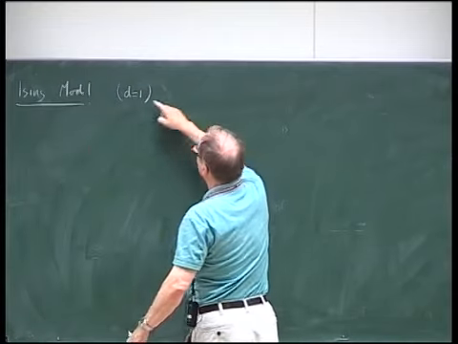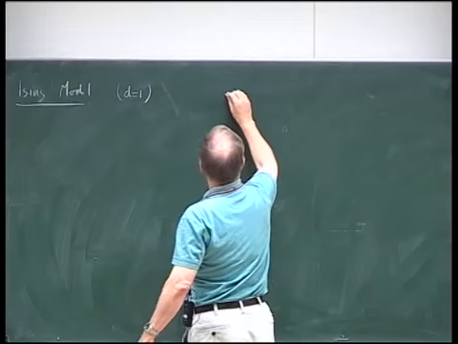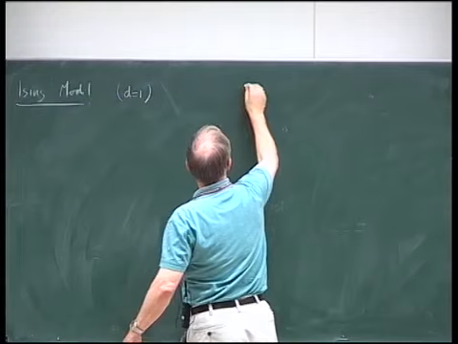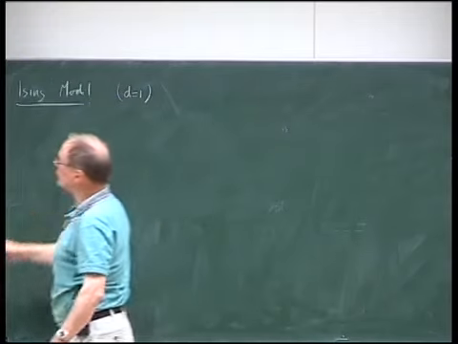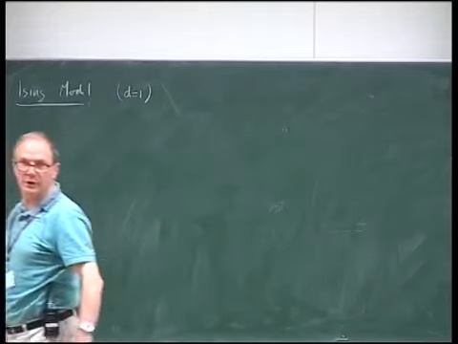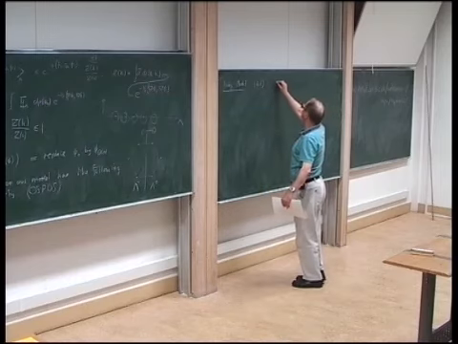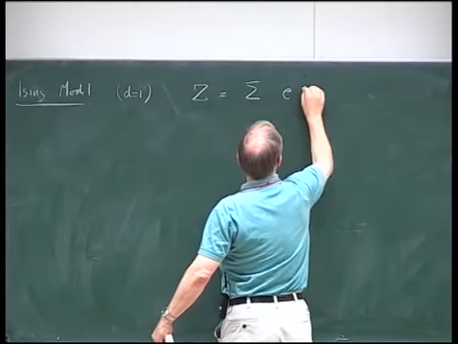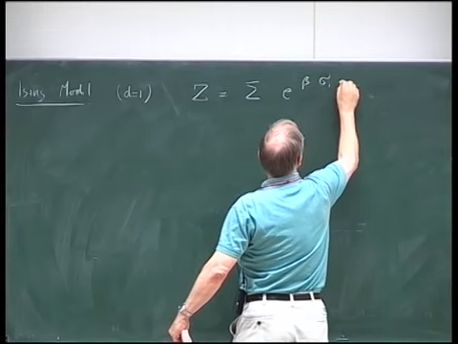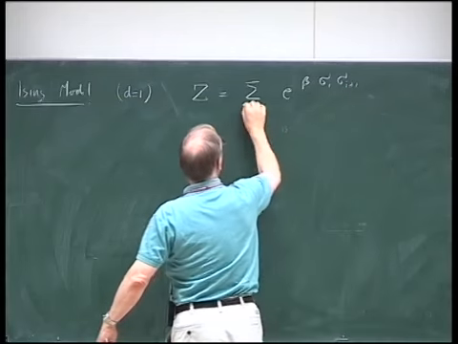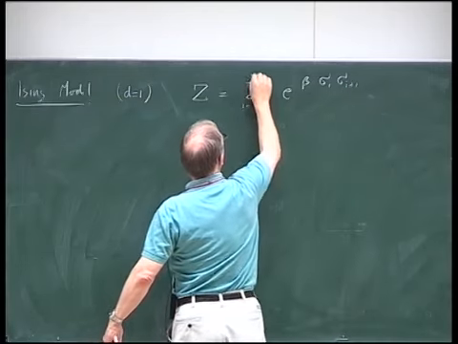So the Ising model in one dimension, again, just for illustration purposes, I'll take an Ising model on a lattice bent into a ring like this. So the partition function is the sum of e to the beta sigma_i sigma_{i+1}, where i runs from 1 to N.